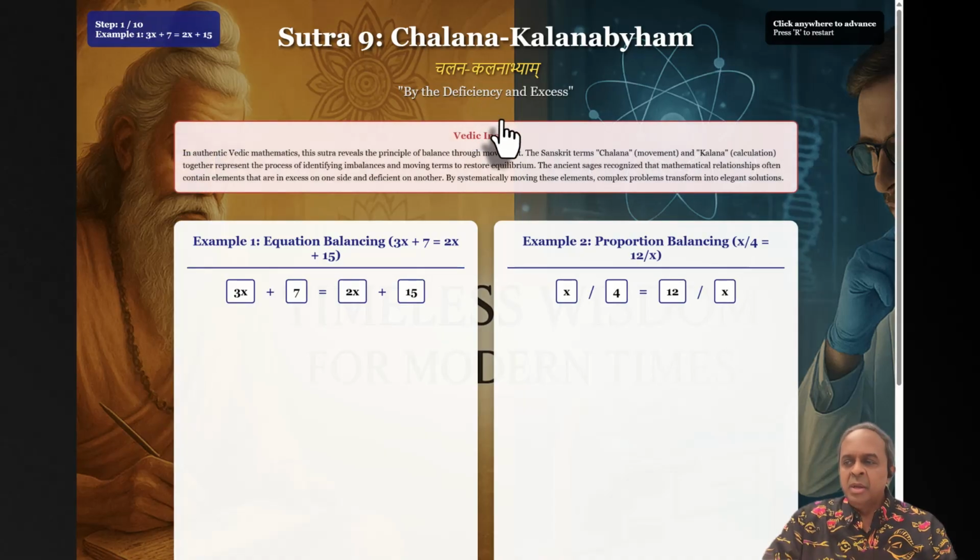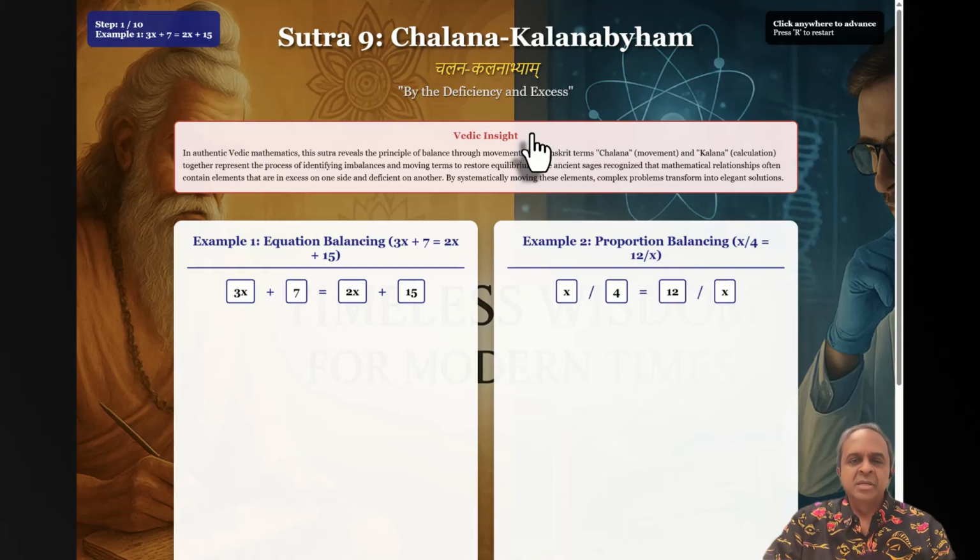So in authentic Vedic mathematics, this sutra reveals the principle of balance through movement, right? The Sanskrit term chalna means movement, same in Hindi, and kalna is calculations.